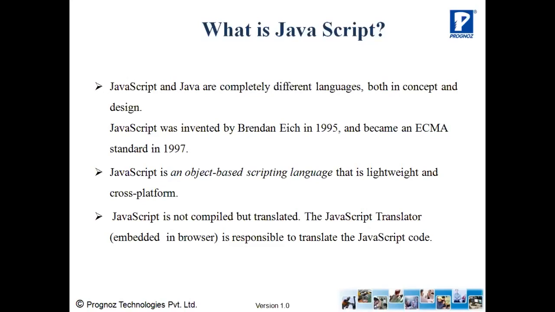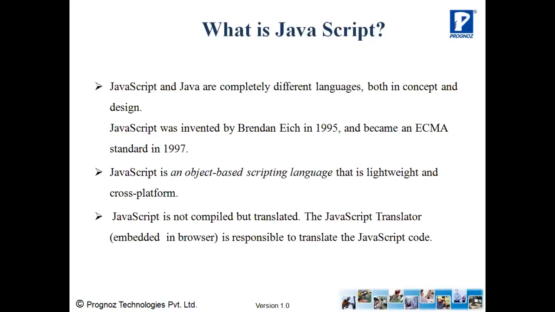Then one more thing they have given is that it is a cross platform language. Cross platform simply refers to a language which can be used along with all types of programming languages. If I want, I can make use of JavaScript with Java, with .NET, in Python, in PHP, anywhere.